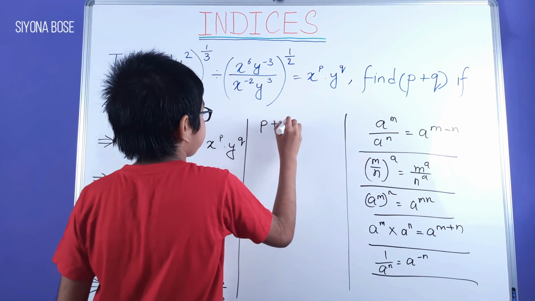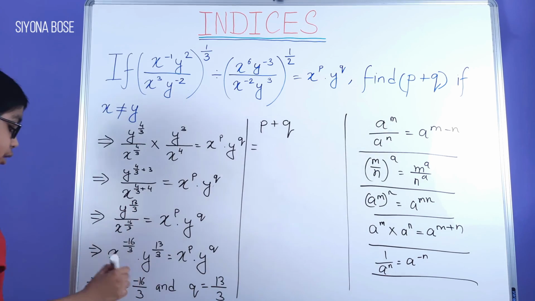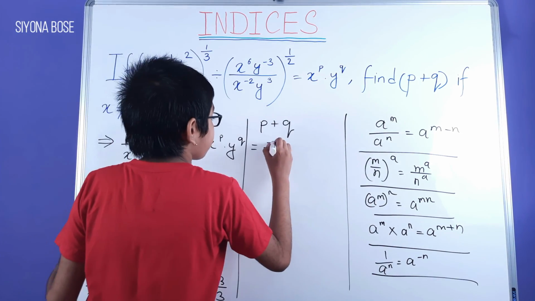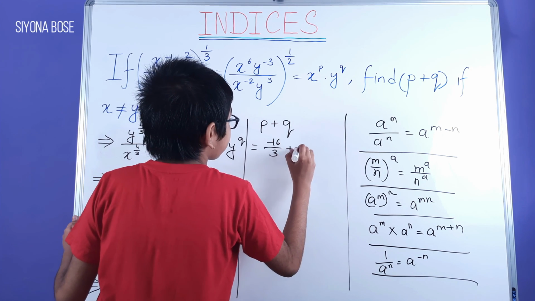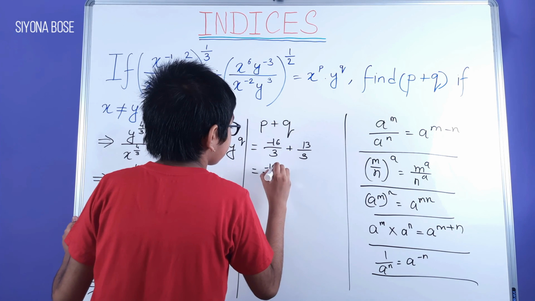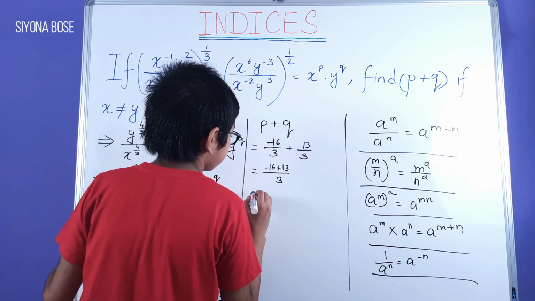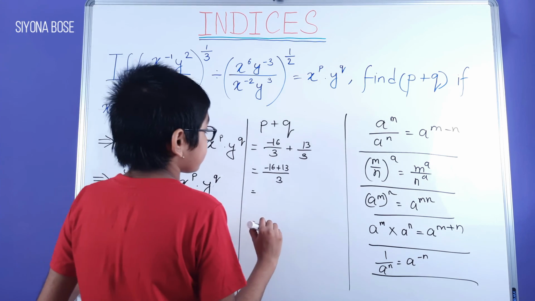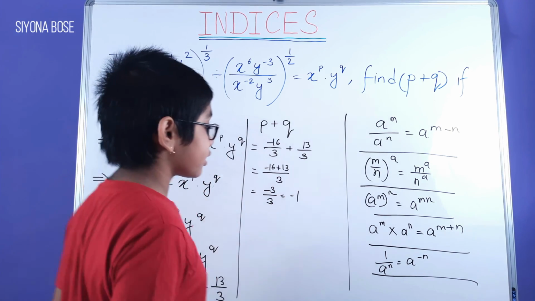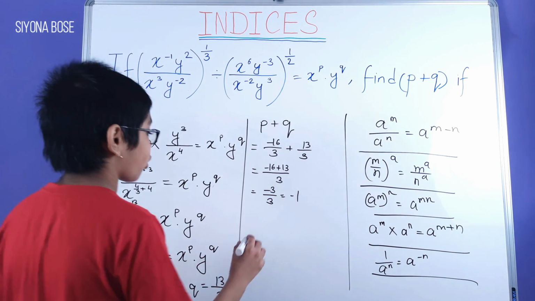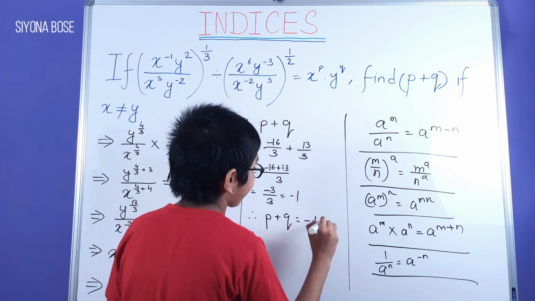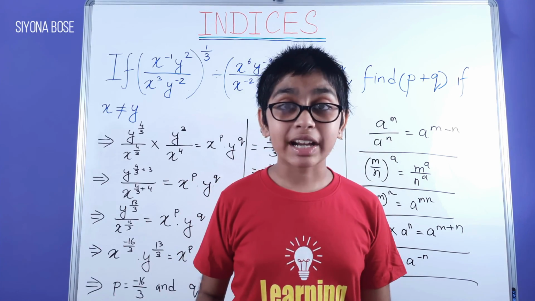It's very simple. p plus q is equal to, substituting the values of p and q, minus 16 by 3 plus 13 by 3, which gives us minus 3 by 3, it's minus 1. Therefore, p plus q is equal to minus 1, and this is our final answer.